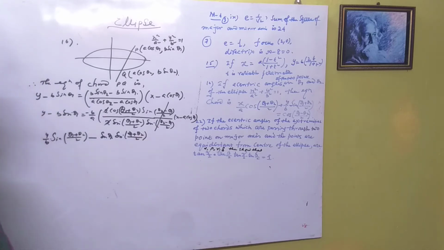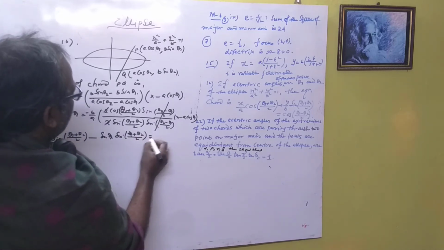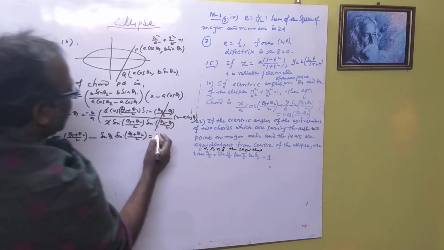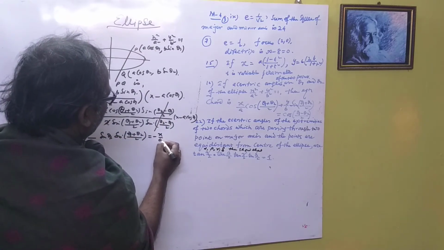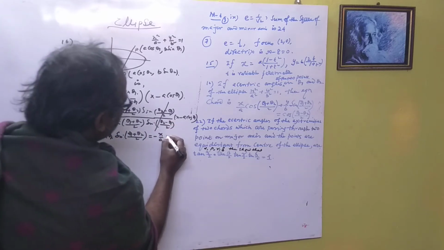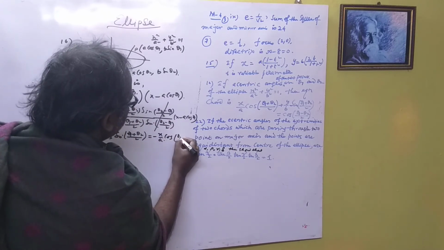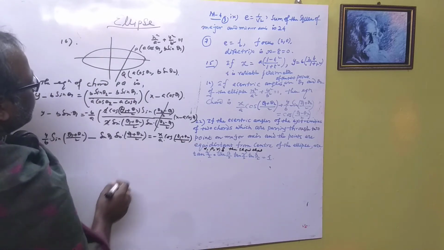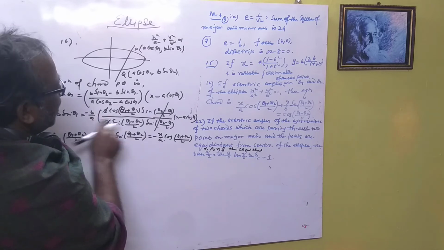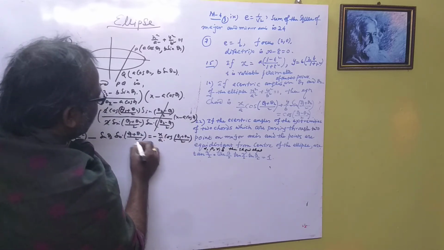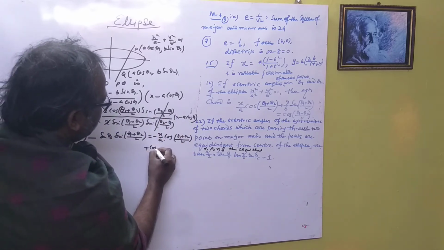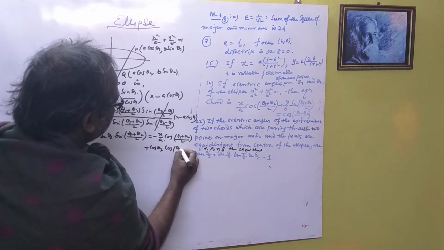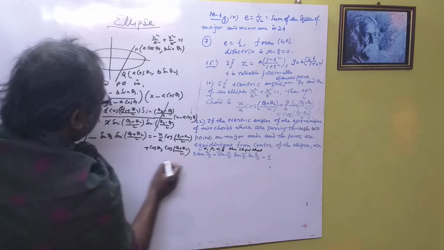Same on the right hand side, there is a minus, so divide by a, so minus x by a, and multiply by cos of (theta 1 plus theta 2) by 2. Again, if we multiply and divide by a, then minus minus is plus, so this is cos theta 1 and cos of (theta 1 plus theta 2) by 2.